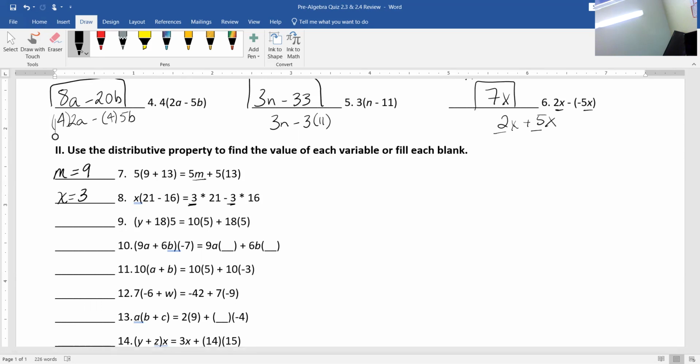All right, and number 9, y plus 18 times 5. And then in your distributed section, you have 10 times 5 and 18 times 5. So you have your 5 being distributed in to what was previously parentheses. And then you see that you have your 18 accounted for. So y must equal 10.